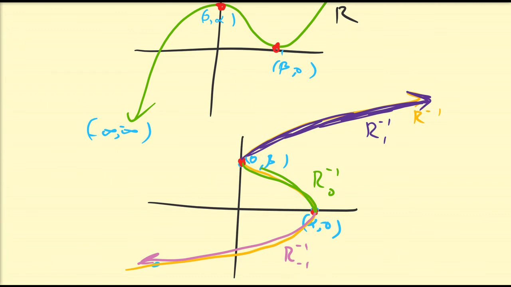Now why do I choose this convention? Well, clearly R inverse sub 0 has the least amount of points. It covers the least area. The arc length, at least, is the smallest. Now in terms of arc length of R1 and R negative 1, probably the same. You can verify that if you know some basic integral calculus. But I'm choosing this top one because it contains the most positive values.